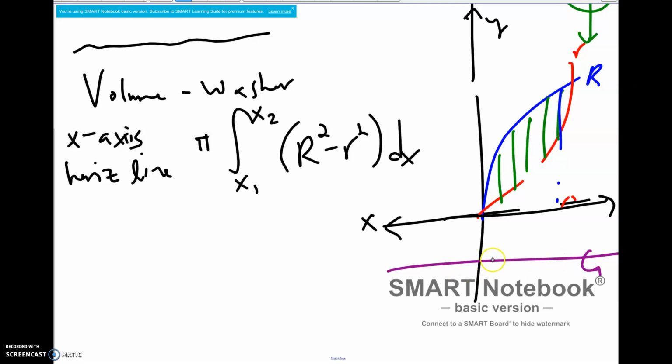But since this is horizontal like the x-axis, everything's with respect to x, and big R is now measured by this total distance from the blue function to the purple line. So I would do top minus bottom, so big R would be this distance here: blue function minus purple line equation. And then little r would be the distance between my red function and the purple line. That would be that distance squared. That's it.